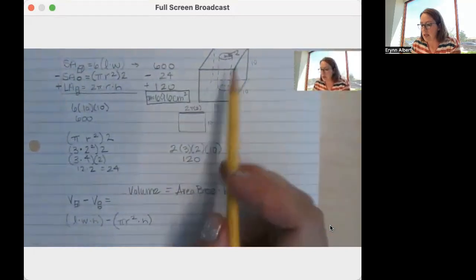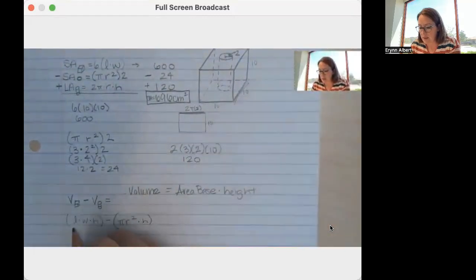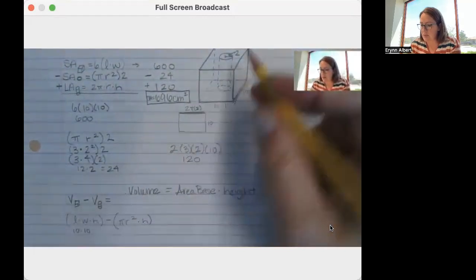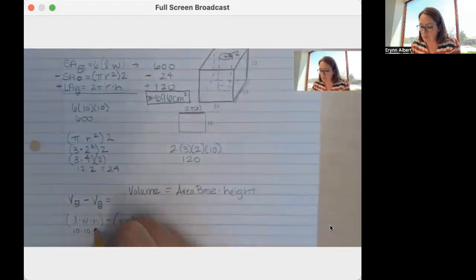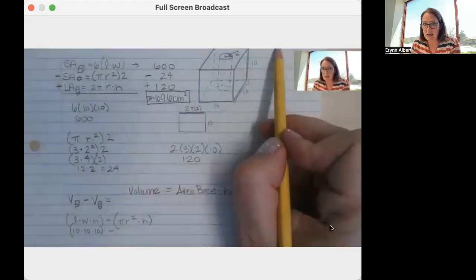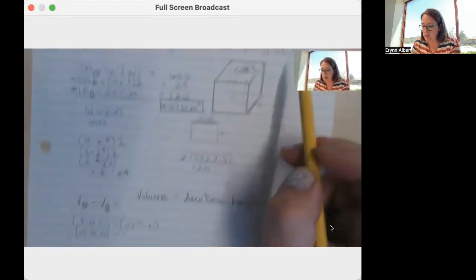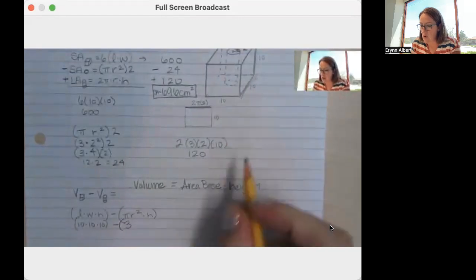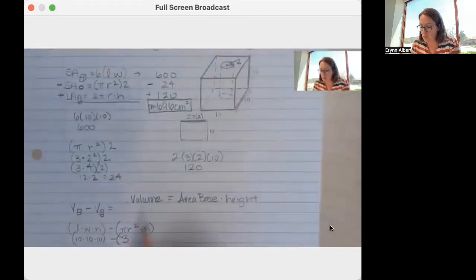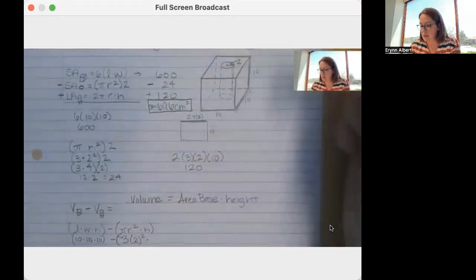Now let's put in our values. Length times width, 10 times 10, times height, 10, minus the cylinder. For simplicity, they said to use pi as 3, so let's plug in a 3 there. Radius is 2, squared, times the height of this cylinder, which is 10.